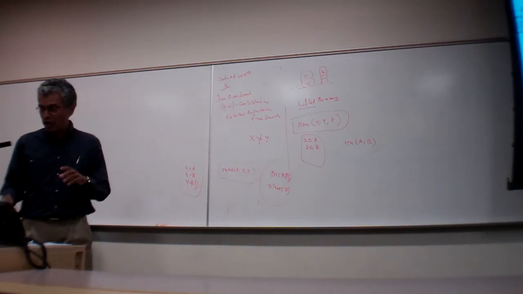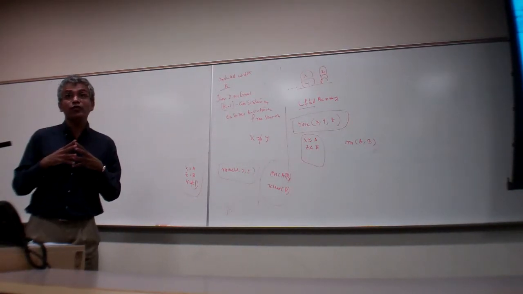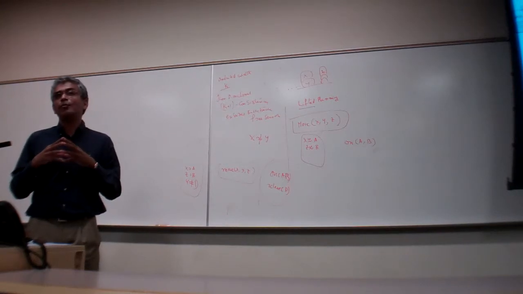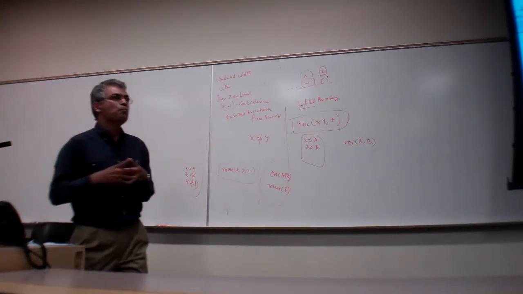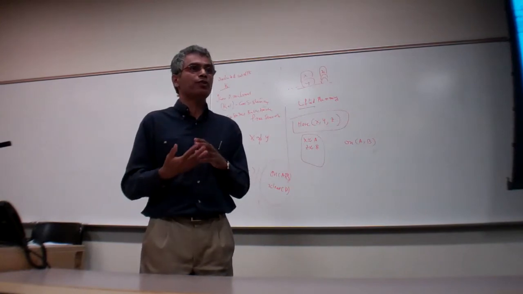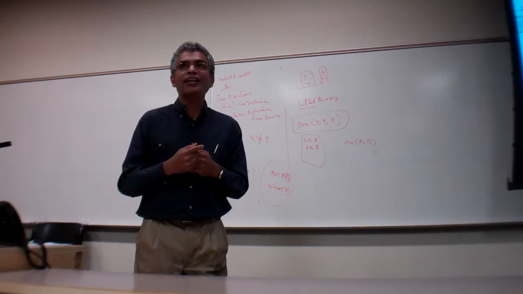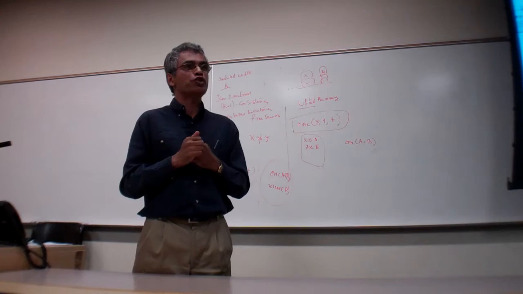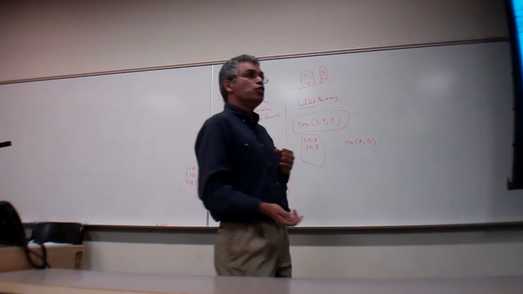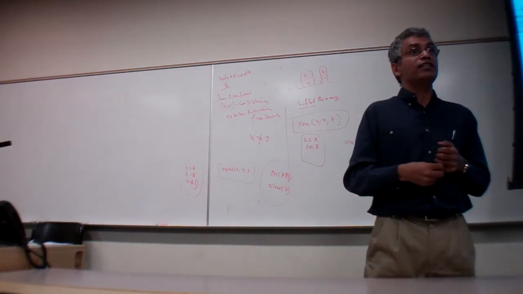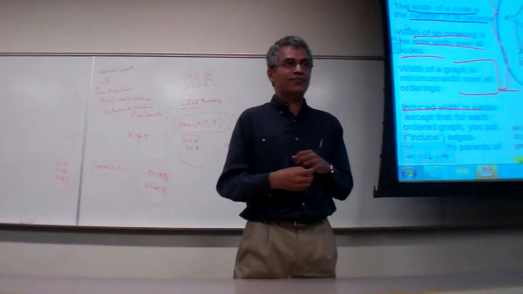The only thing that you have to realize is induced width is a non-trivial property. It's not like you pick an ordering and see width with respect to that. For every ordering, there is an induced width. And you consider the minimum induced width over all orderings.